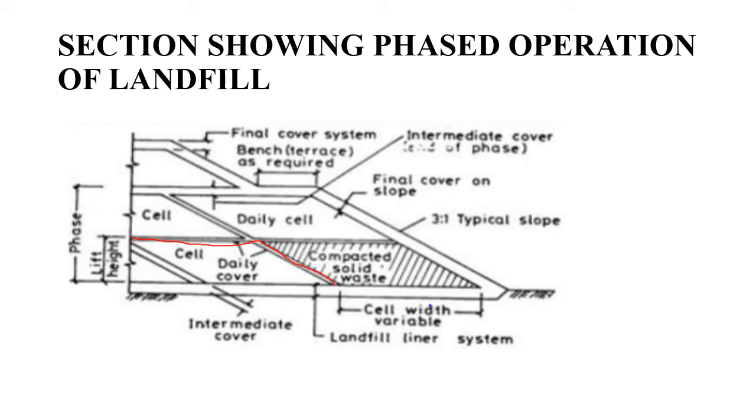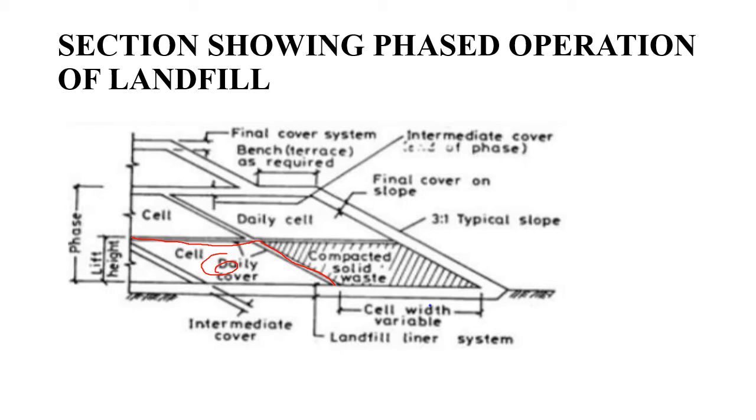This portion of waste is the volume of material that you have received for the day, and to seal off that waste you have provided a daily cover. As I said earlier, the cover system generally will be made with the natural soil available to you. This volume of material which you have received during your operating period, plus the daily cover, comprises the cell.